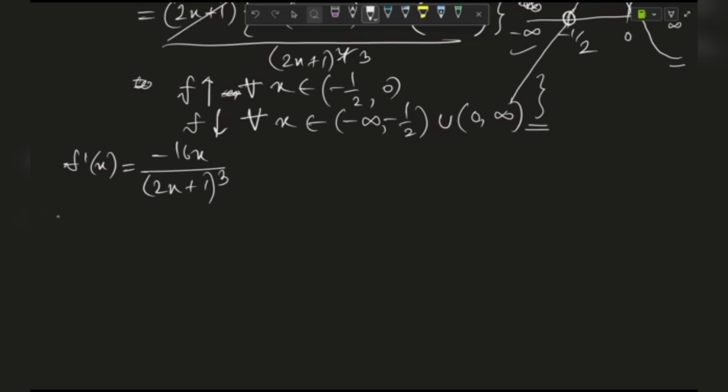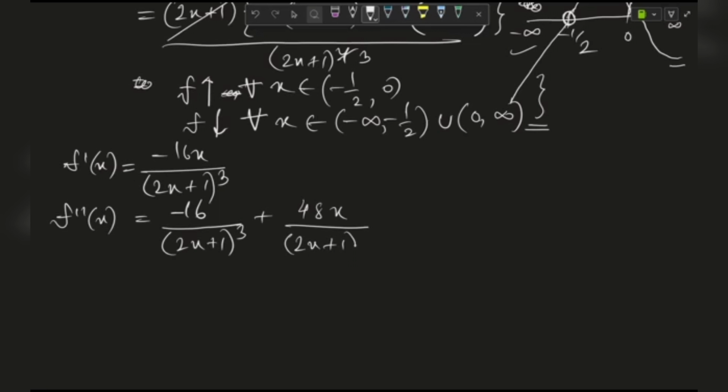Okay. So f double dash x, this will come out to be minus, to make things easier, I am treating x as one function and minus 16 by (2x plus 1) whole cube as a separate function. So this becomes minus 16 by (2x plus 1) whole cube, and this thing is plus 48x. 48x basically because we are differentiating this, and we had a minus here, but because this will become (2x plus 1) whole power 4, so minus will become plus, and this is (2x plus 1) whole power 4.